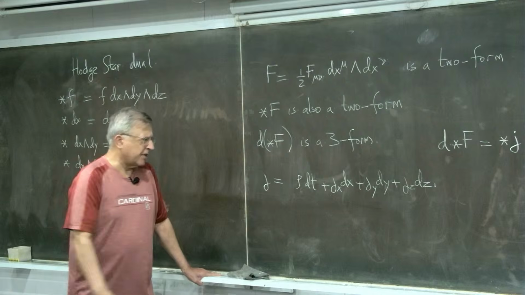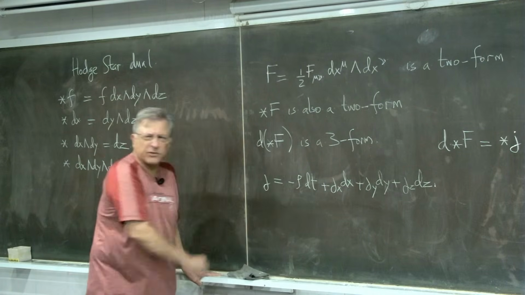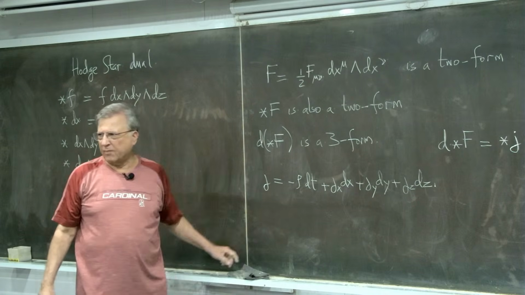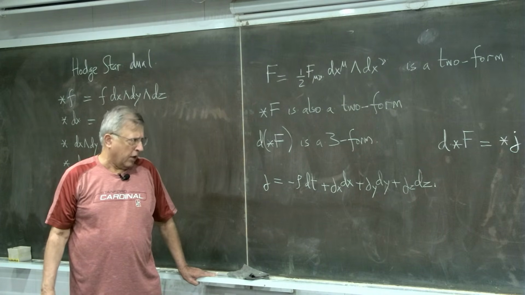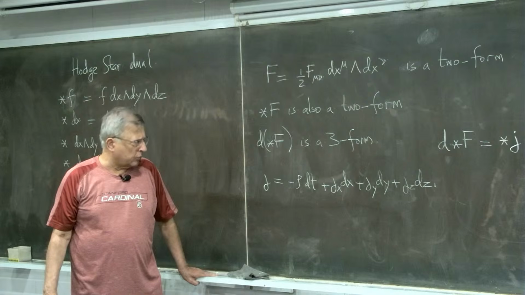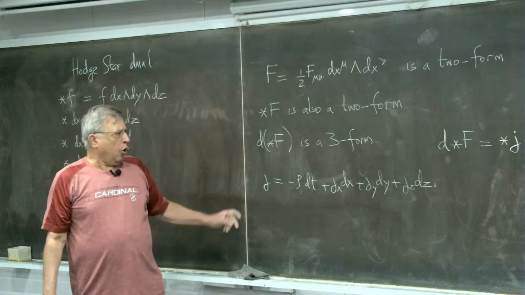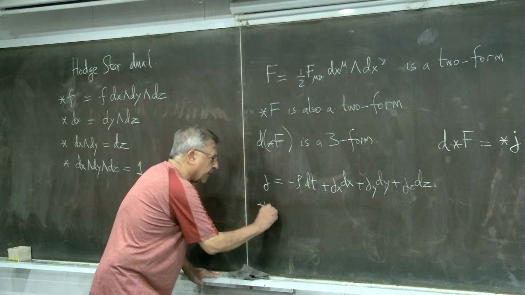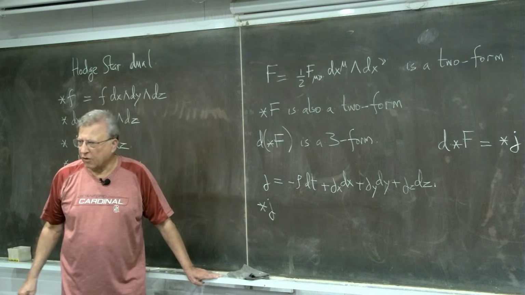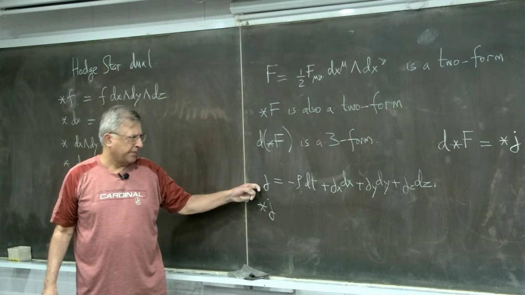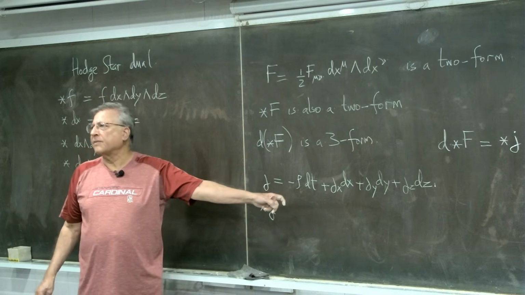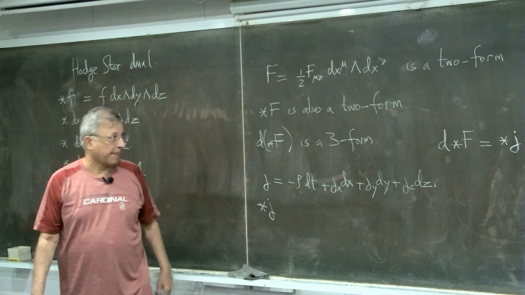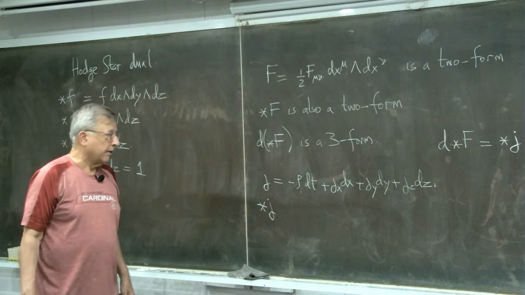The only thing is that because our metric has a negative sign, this will be a minus over here. Okay, so what will happen if I take the Hodge dual of J? What will it give me? It will give me a 3 form, right?